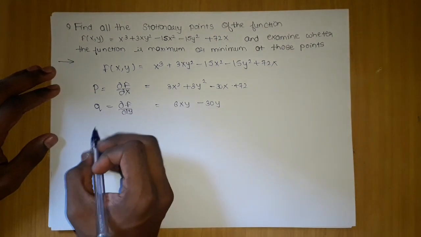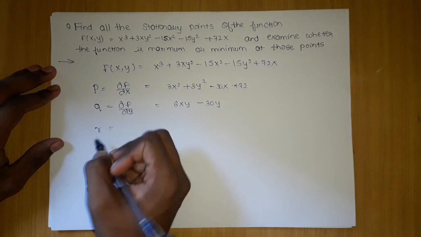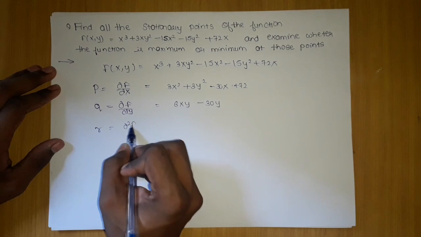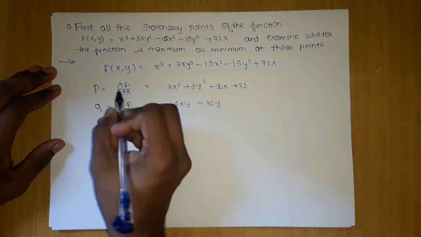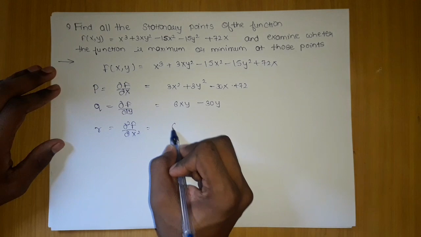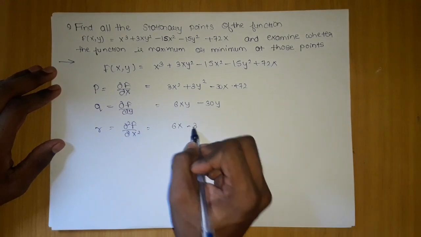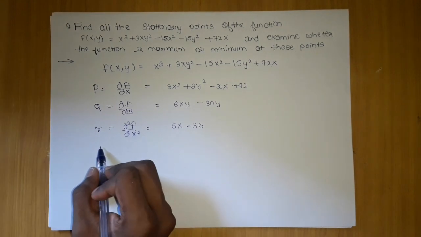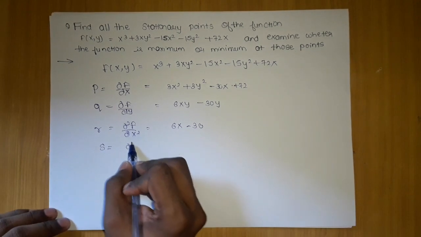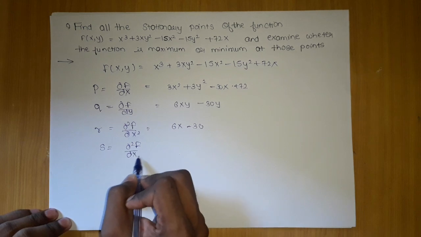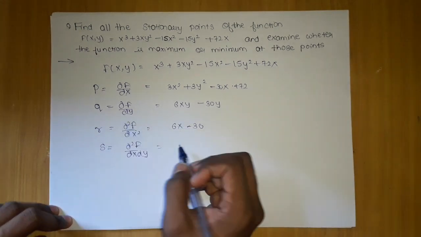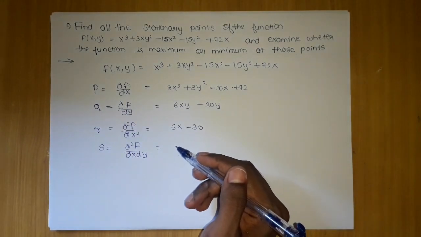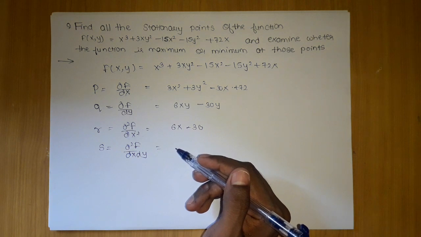Now what was the third thing which we used to find? R. The order is PQR, where R is dou square f by dou x square. So we are going to differentiate this again, which is 6x minus 30. And the next thing, S. S was dou square f by dou x dou y. So we are going to differentiate with respect to y. You can differentiate x also with respect to y, as I have told you in partial differentiation: dou square u by dou x dou y is equal to dou square u by dou y dou x.